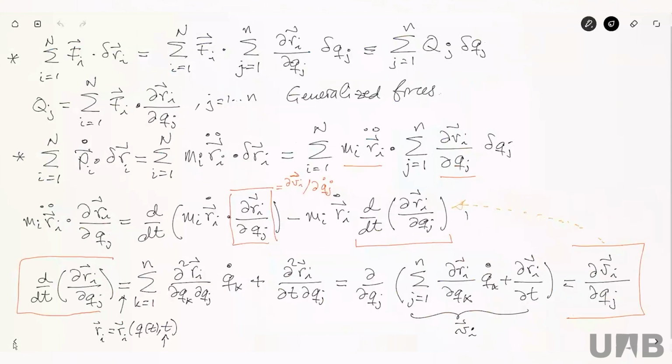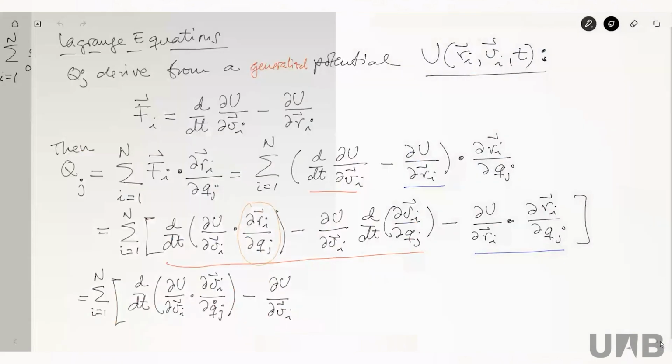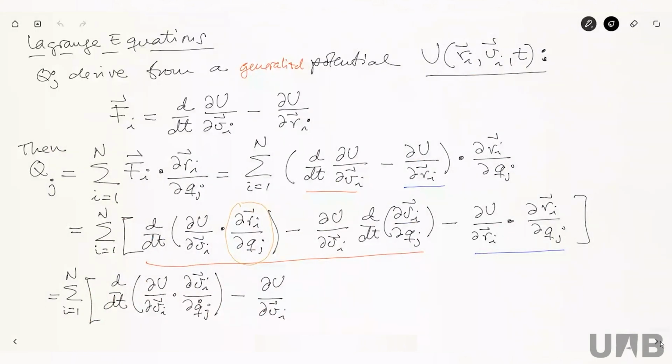Derivative with respect to t of dR/dQ is dV/dQ. Let me just go back. Yes, dV/dQ. Okay, so let's come back here. No, that we leave as it is. So that is d/dt of dVi/dQj.